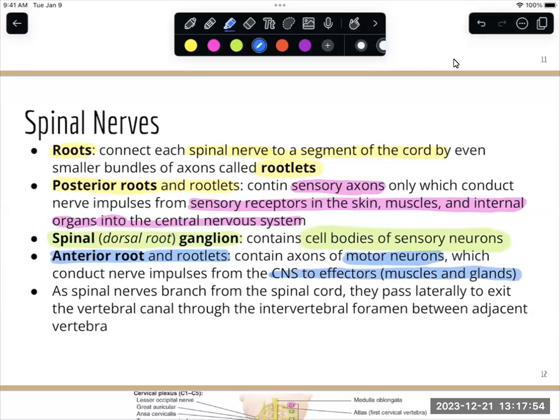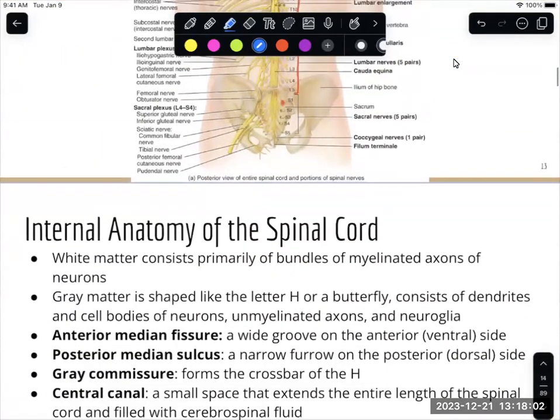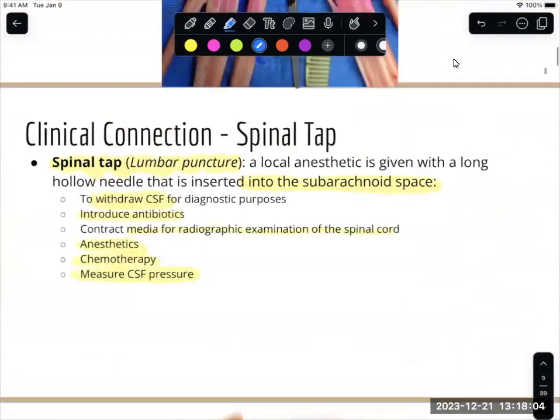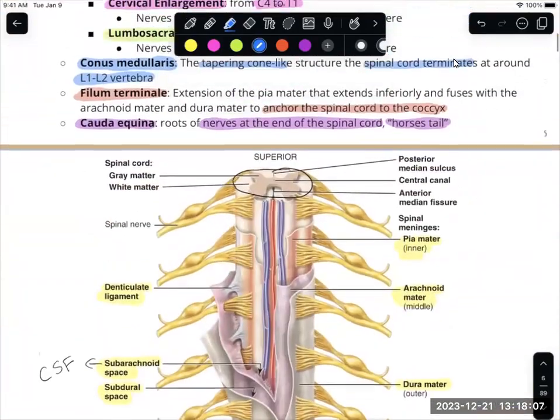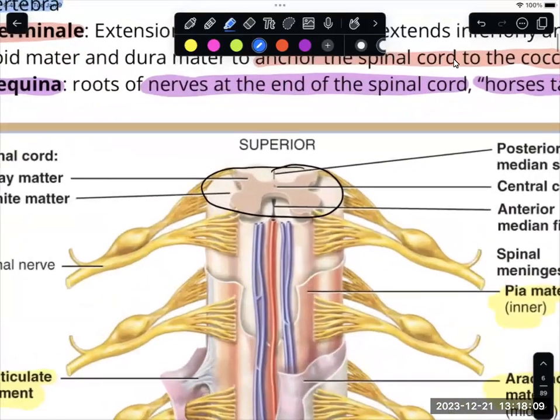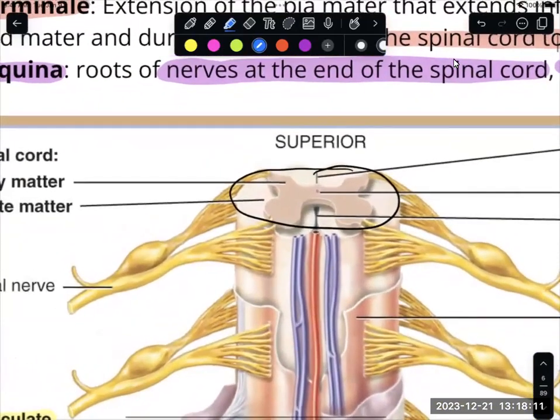So as the spinal nerve comes out of that spinal column, they're going to pass through that intervertebral foramen at that area. I want my picture of the spinal cord up here. So let's start going into this.